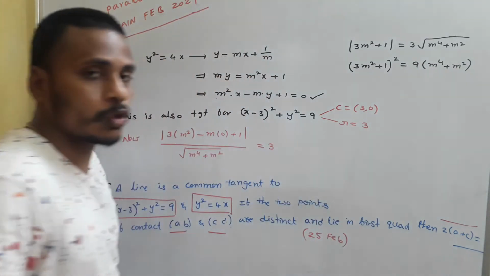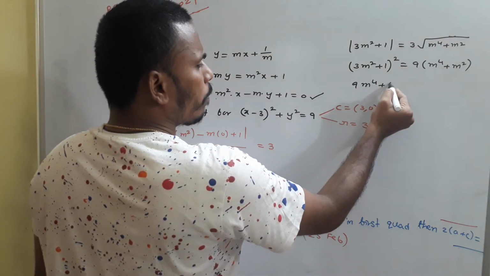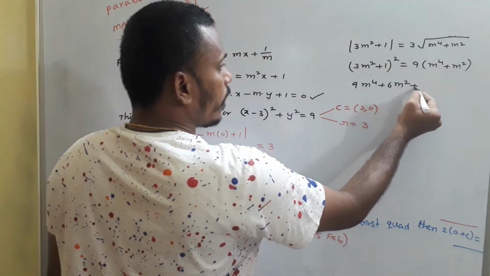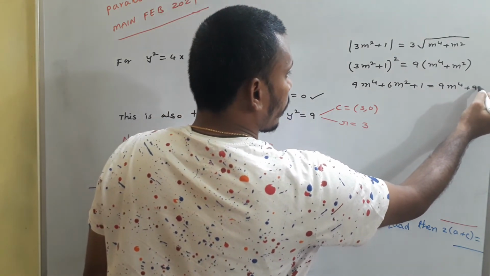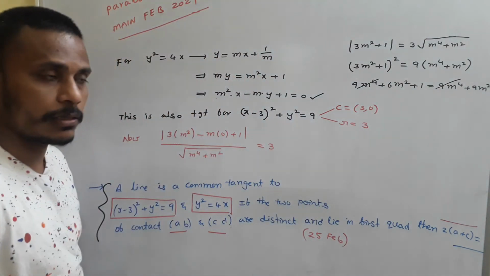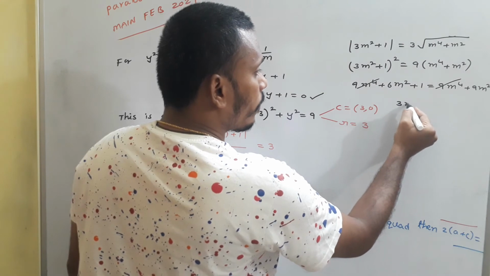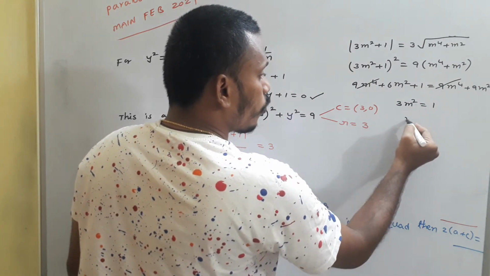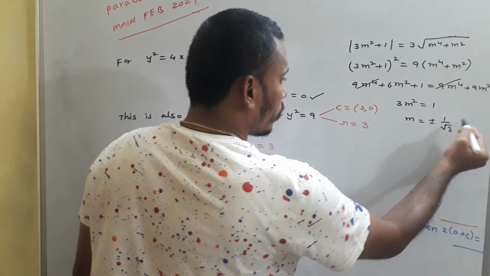This is what we need to solve for m. This side is 9m⁴ + 6m² + 1 = 9m⁴ + 9m². The 9m⁴ terms cancel, and we are solving for m, so send the 6m² to that side. 3m² = 1, and m = ± 1/√3.